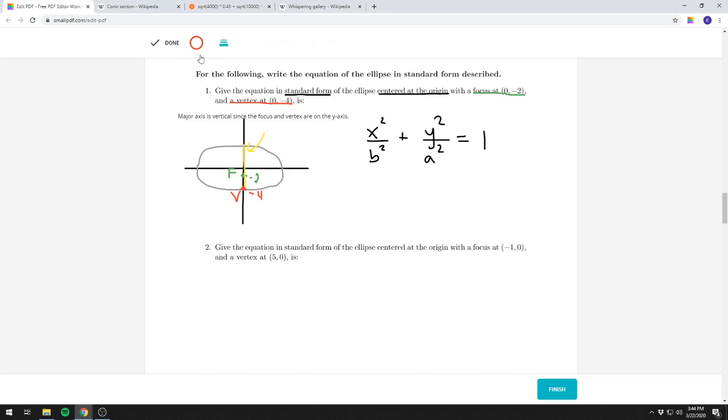Okay. Now one thing you want to remember is a represents the distance from the center to a vertex. And the center is at the origin. So you can go ahead and even label that in. The center is always going to be at the origin for us once again. But the distance from the center to a vertex is what a is, and that is 4.